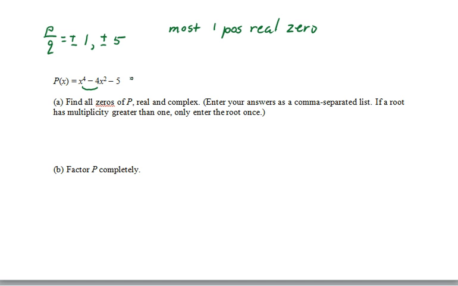Then we notice that this is an even function, that is, that p of x equals p of the opposite of x. This says that there is exactly one sign change for p of the opposite of x, and so there is at most one negative real 0.